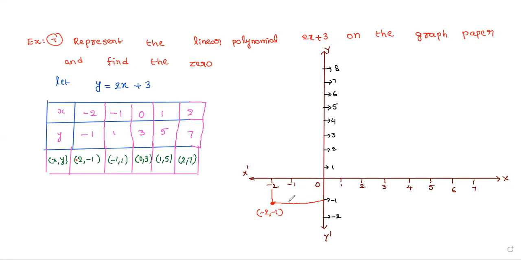Minus 1 comma 1, this point. Then 0 comma 3; the point lies on the y-axis. Then 1 comma 5, and 2 comma 7.